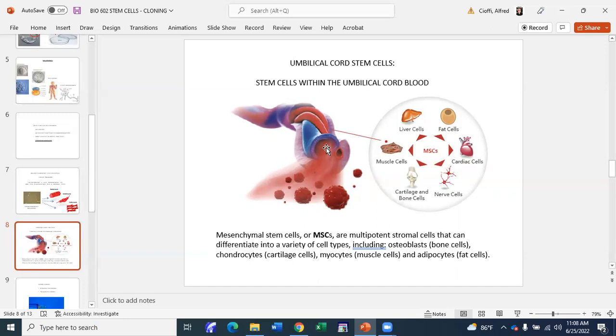Cord blood stem cells. So there's the umbilical cord that is in between the placenta and the newborn, right? And once the newborn is born, what happens to the umbilical cord generally? It's medical waste. Generally, it's cut, severed, and the part that is attached to the placenta is discarded as medical waste.